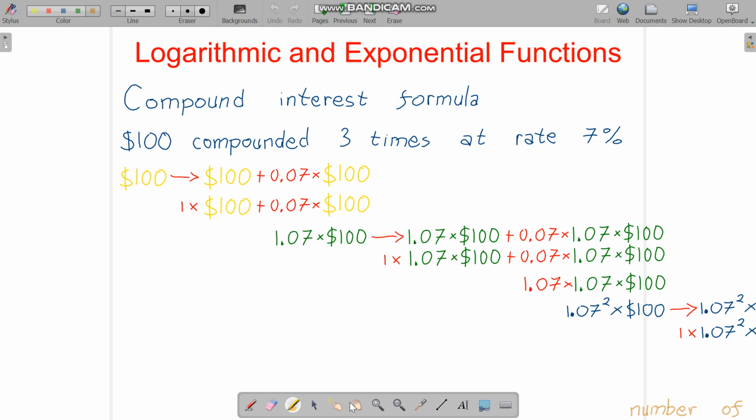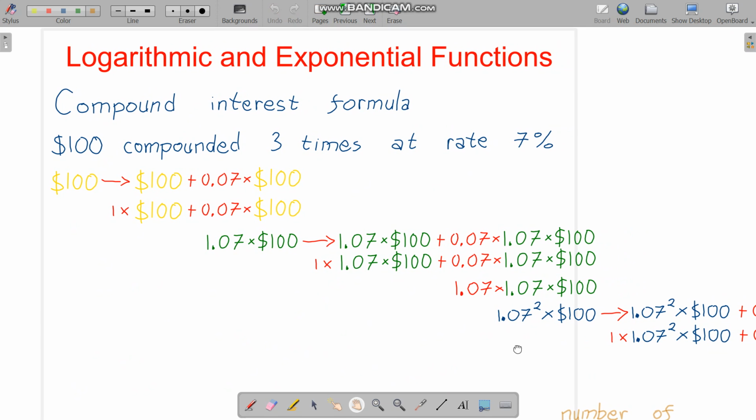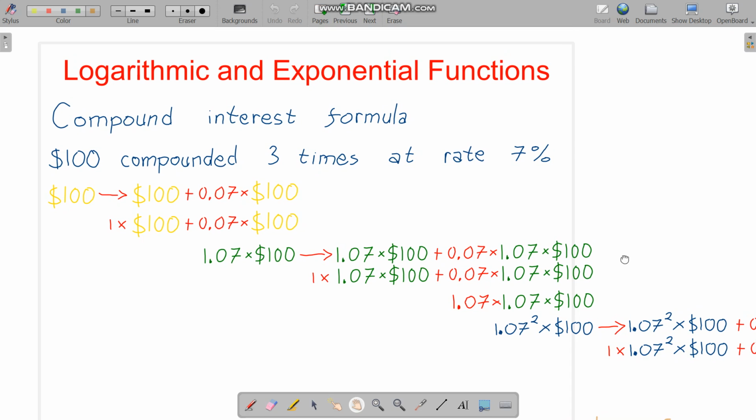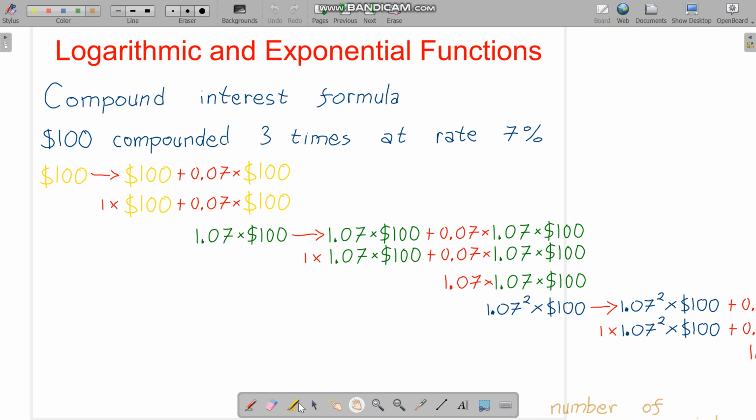Now to understand Euler's number, let's just derive the compound interest formula first. So if we have $100 compounded 3 times at the rate of 7%, this is the principal. After one compound period, we have the principal plus the interest, and we can factorize this, and we get 1.07 times.